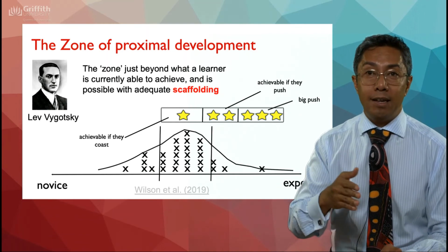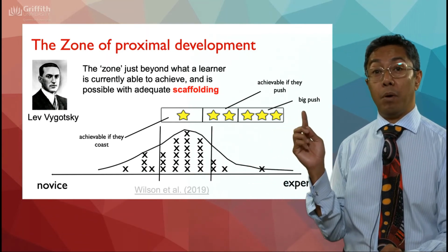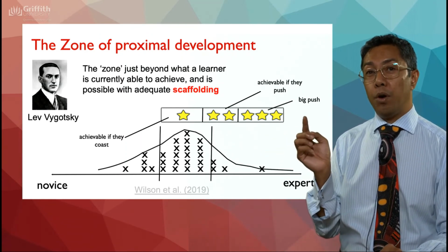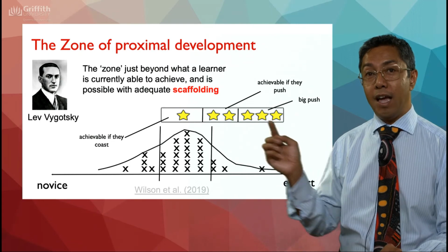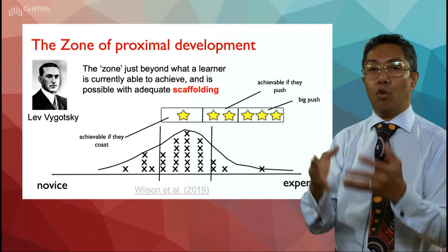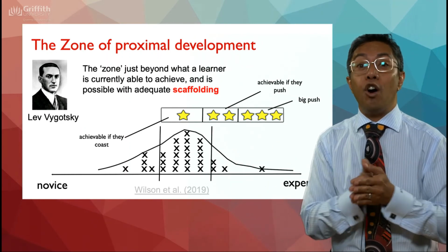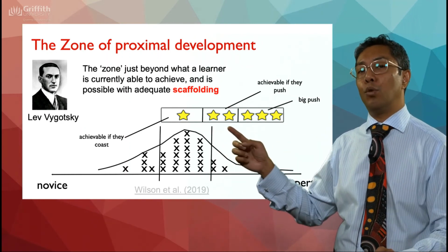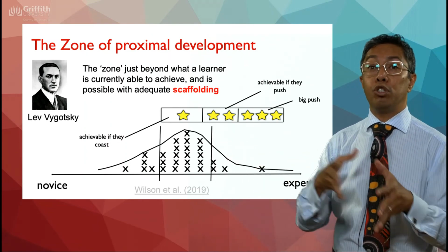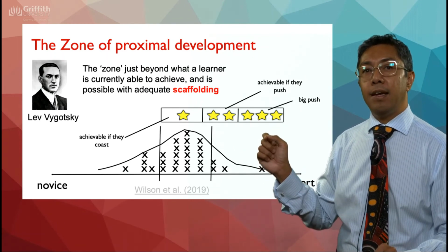On some days, they might want to push a bit harder, so what we would do is then provide what we call the big push, the 3-star effort. We define what a 3-star effort would look like. A 1-star effort is if they just coasted, if they just perform like they have always performed, then that's a 1-star. So we will acknowledge that achievement, but it's not as good as, say, a 2-star, which is what we want them. We want them to be able to push themselves beyond what they're currently capable of. Okay?